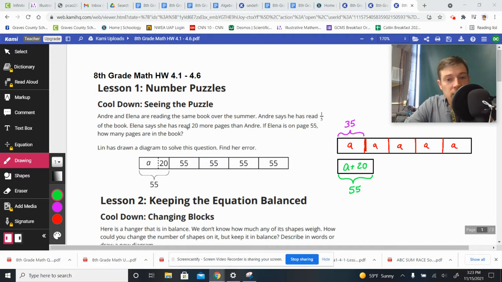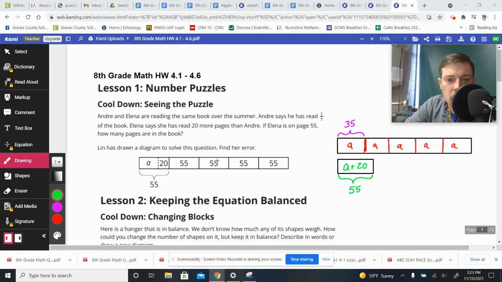Andre and Elena are reading the same book over the summer. Andre says he has read a fifth of the book, and Elena says that she has read 20 more pages than Andre. If Elena is on page 55, how many pages are in the book? So Lynn is trying to figure this out by taking all of the book and splitting it up into one, two, three, four, five parts, like the fifth suggests.